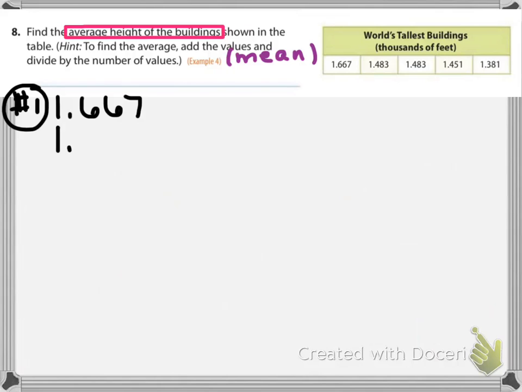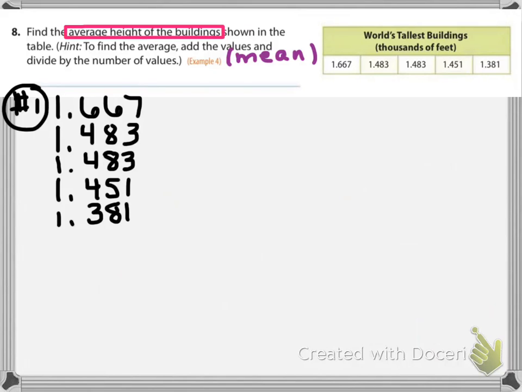Okay, so we're back. We're lining up our decimals from the chart. There are multiple ways that you could do this. You could make an entire list, like I've done here, and add all of them up.